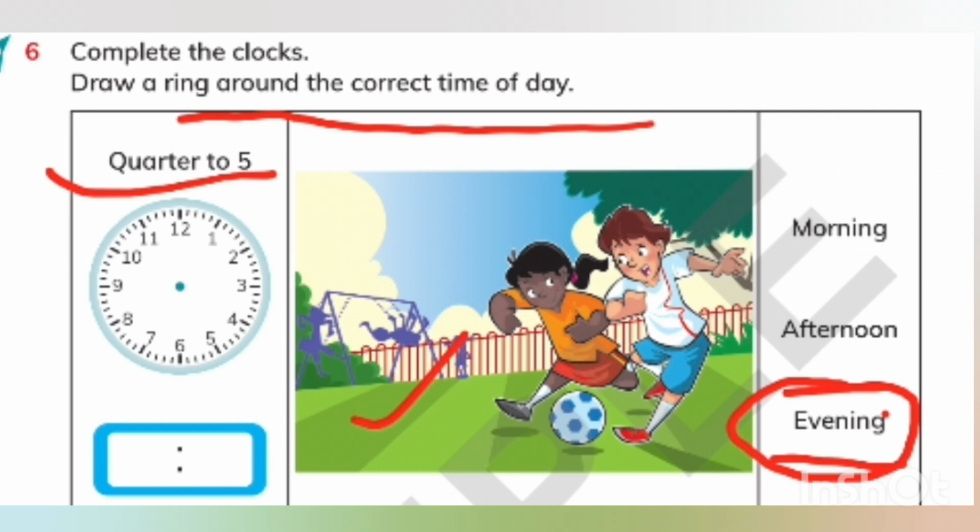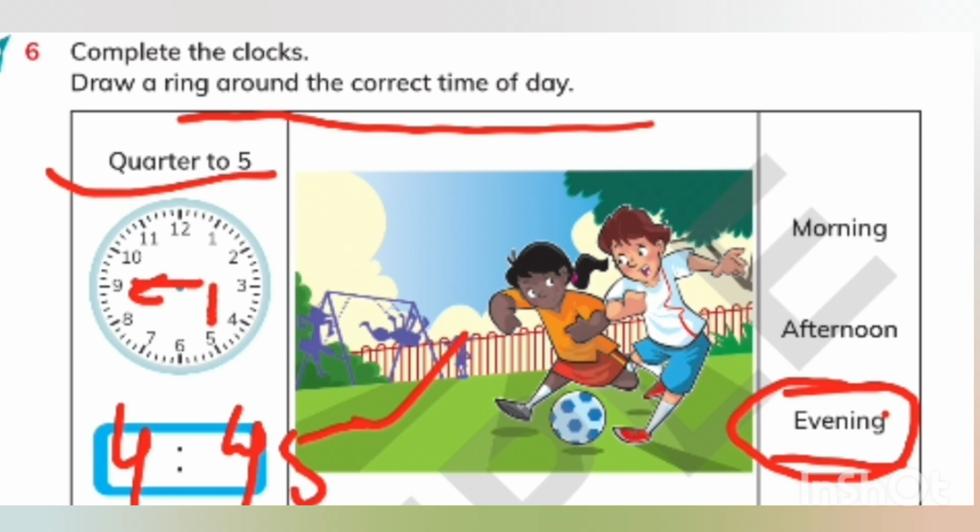That 15 minutes to 5 o'clock. 15 minutes to 5 o'clock means the big needle will be on 9 and the small needle will be between 4 and 5, and we will write 4:45. It means that after 15 minutes there will be 5 o'clock.